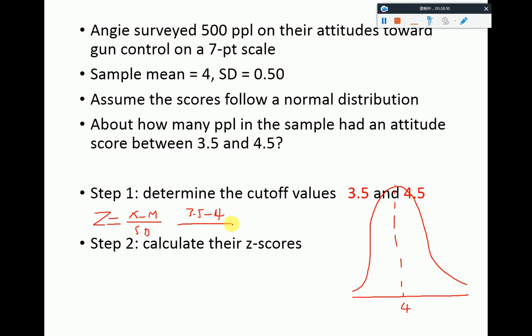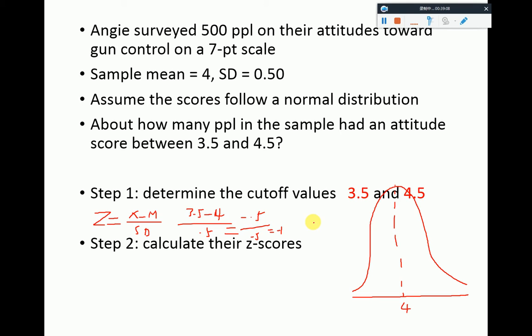And then we divide this difference by the standard deviation, which is 0.5. So it's negative 0.5 divided by 0.5, so that's negative 1.